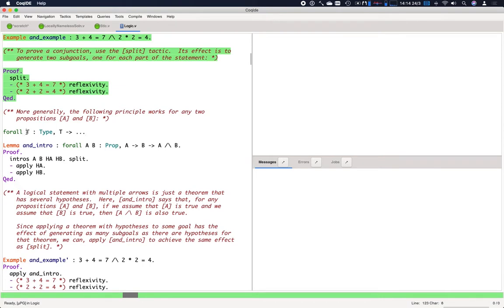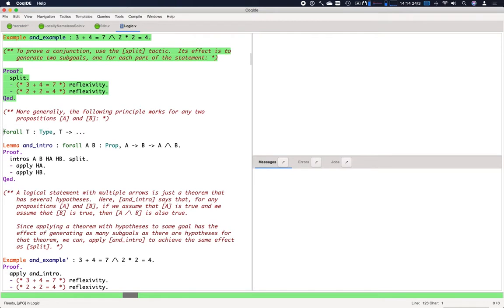So this is a type, and the second argument here is a value of whatever type T is. And the same thing is going on here because we're taking two propositions, a value of type A and a value of type B, which will be proofs, and we're returning a proof of A and B.